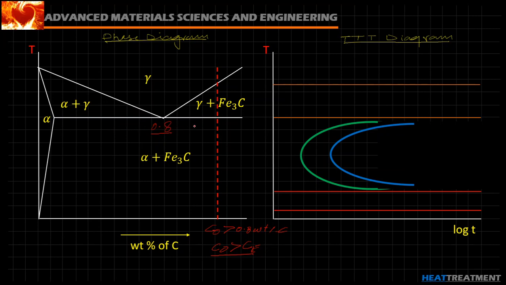Now the vertical line shows the composition which is on the right side of the eutectoid composition.